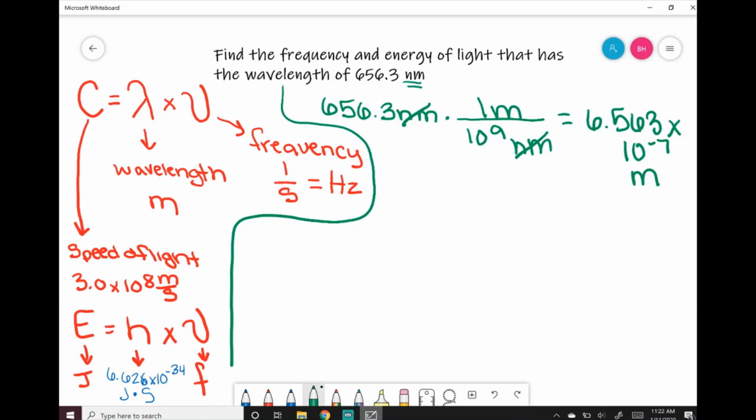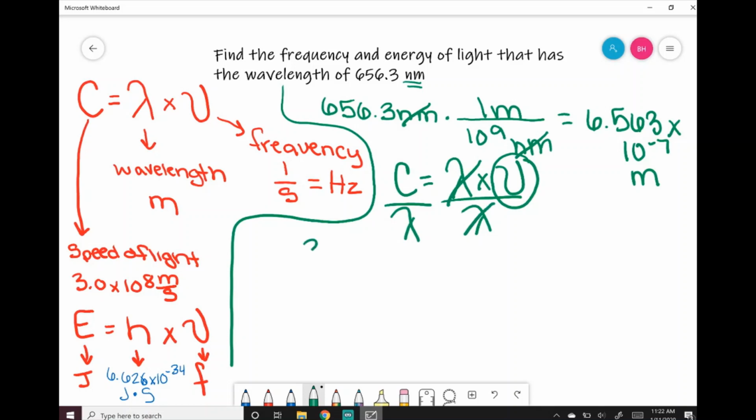Let's go ahead and solve for our frequency. We know our speed of light, and we now know our wavelength in meters, so we need to isolate frequency. c equals lambda times nu, but nu is our unknown. So we're going to divide both sides by our wavelength, cancel that out, and solve for our frequency.